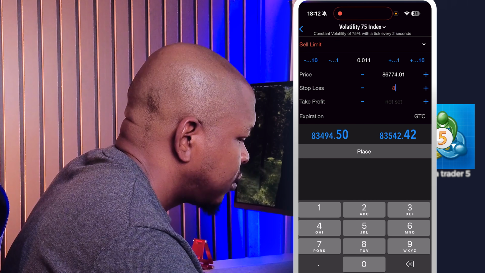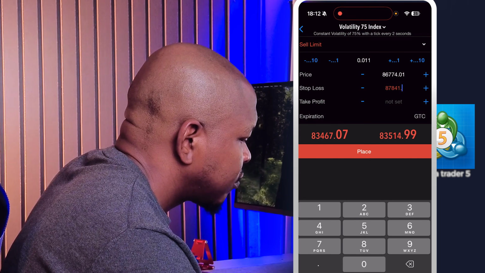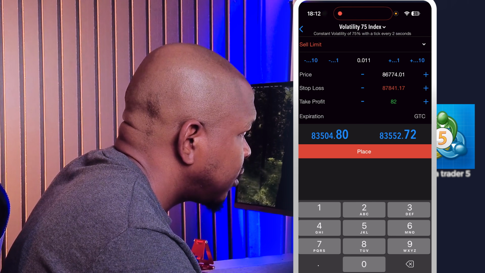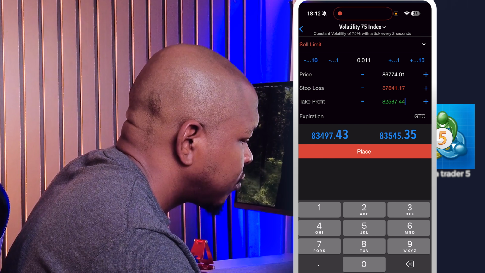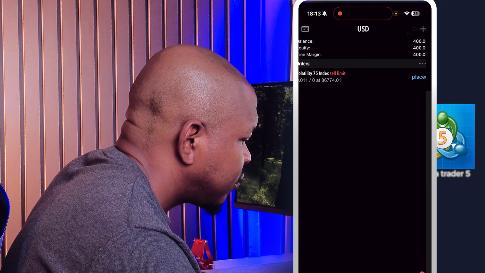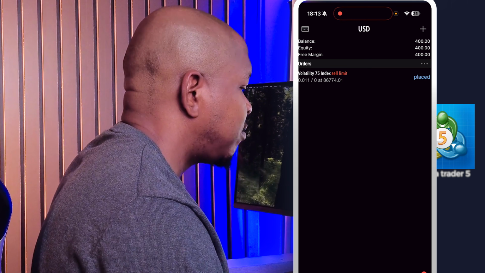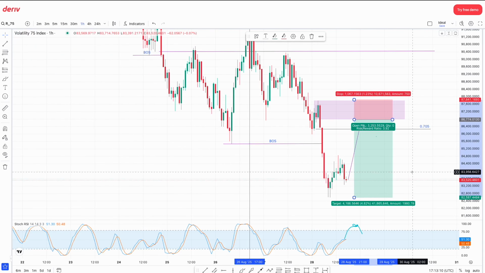Stop loss is 87814. My take profit is 82587.44. So I click on place. This pending order has been placed. All I have to do now is wait for this trade to play out.